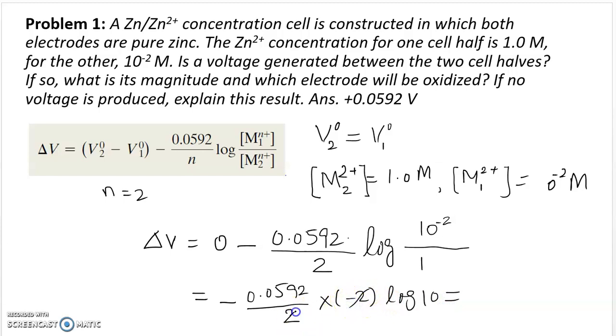This 2 cancels with this 2, and minus times minus is plus, so it will be 0.0592 volt. So a very small voltage potential will be there, so this much voltage will be produced.